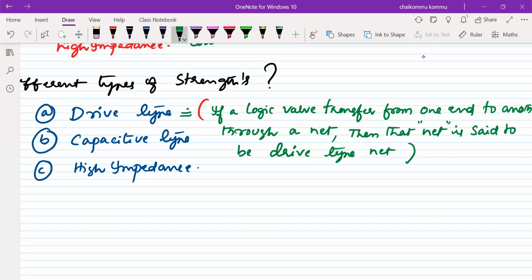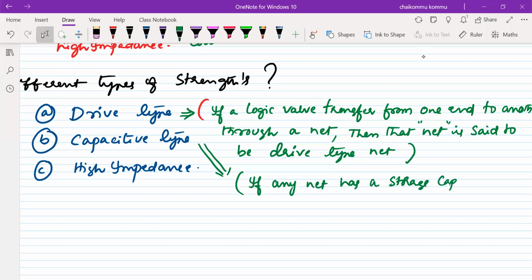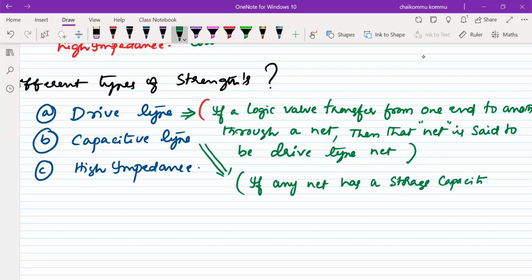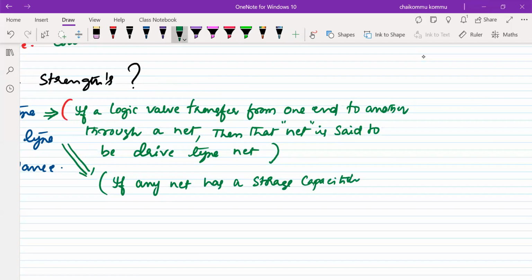So for the capacitive type: if any net has a storage capacity, then that net is said to be capacitive type.